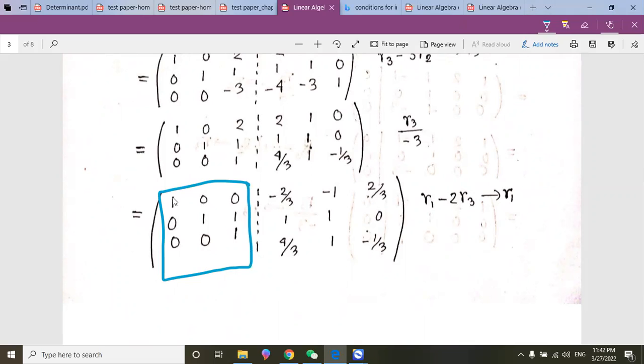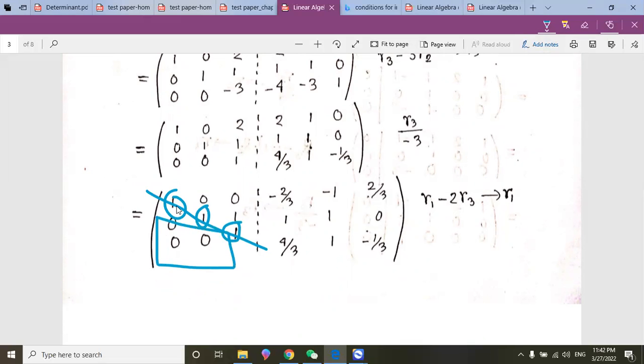So you see here all the entries below the main pivot point, they are 0, right? This is called the main diagonal. So if you look at here, these are our main diagonal. All the entries below this main diagonal are 0.